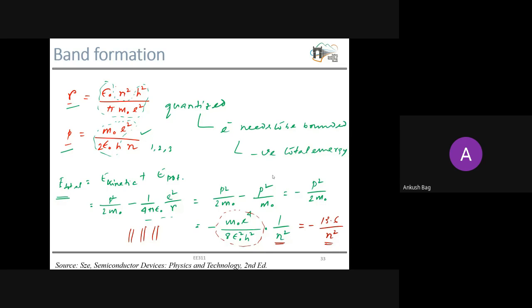In case of the hydrogen atom, we derived how it is getting quantized, and how the first orbit has an energy of 13.6 electron volt.